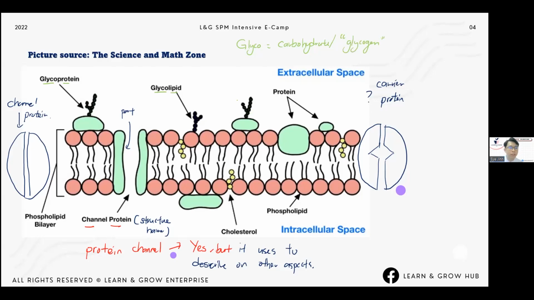And then what are protein and lipid? Very straightforward, right? Protein, lipid. Let's see the structure. Glycoprotein. You can notice that here is the protein.